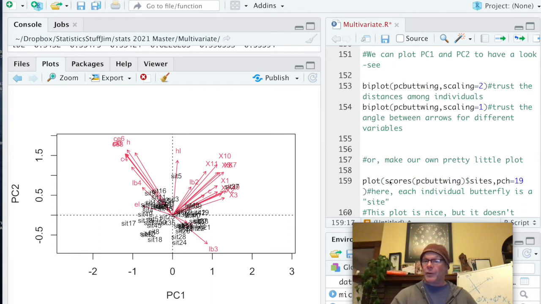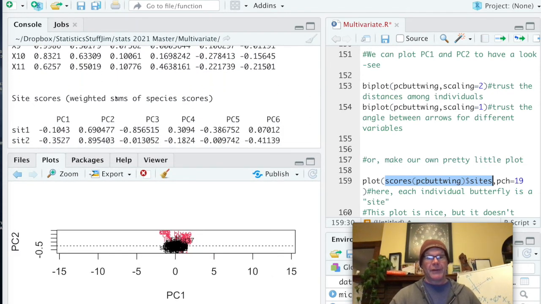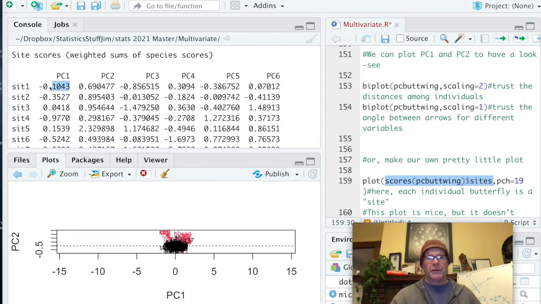We can use that scores thing, and I can take the site scores, because that is part of that object. Here's the site scores. These are the actual PC scores for site 1, and in this case, site 1 is actually butterfly 1. This is butterfly 2. This is butterfly 3.